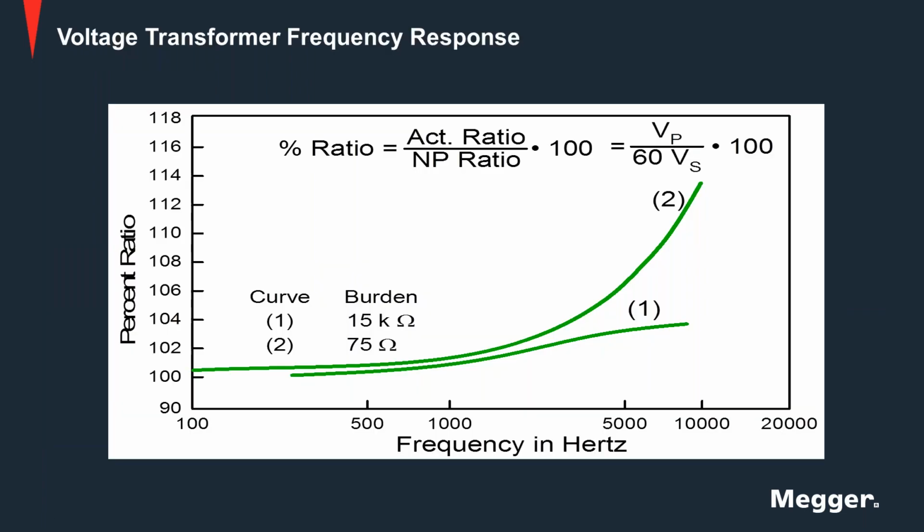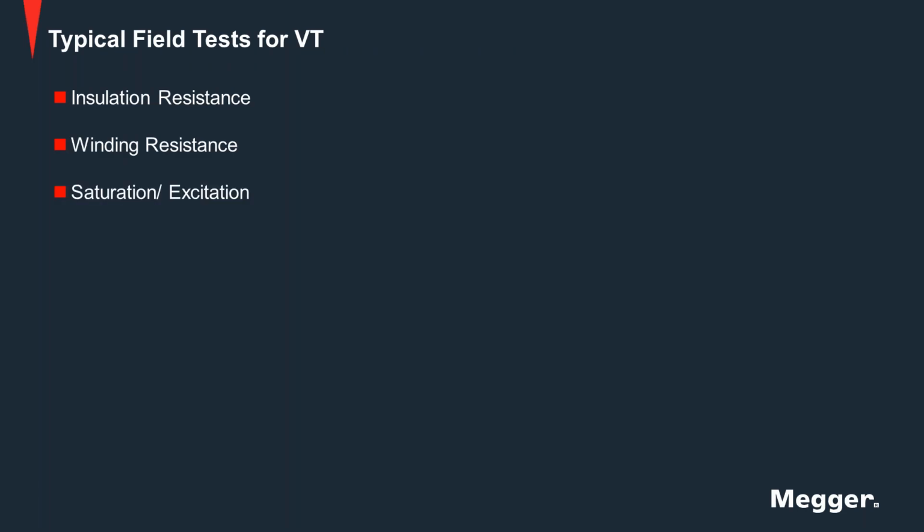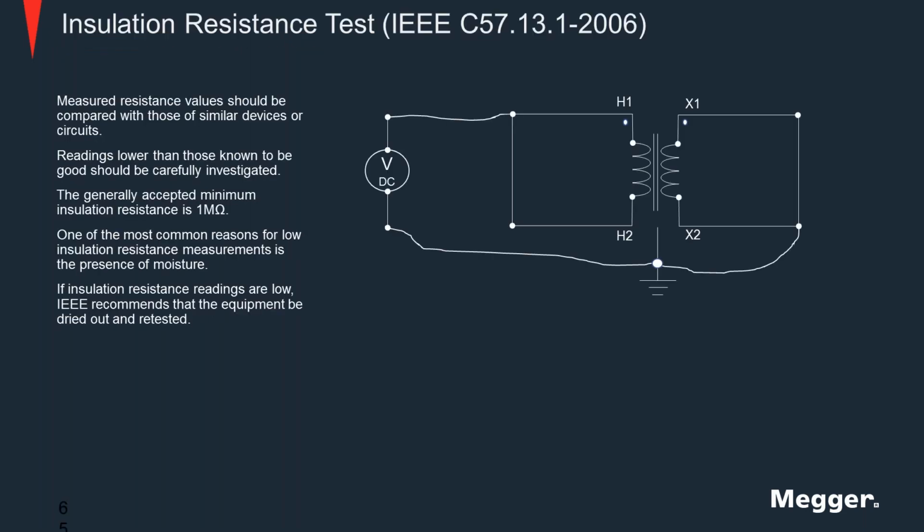And when you try to get the frequency response of the VT, this is what you can see in the frequency response of the VT. Now, the typical field tests for VTs. Again, like the CTs, we can do insulation resistance, winding resistance, saturation and excitation, ratio and phase deviation, and short circuit impedance.